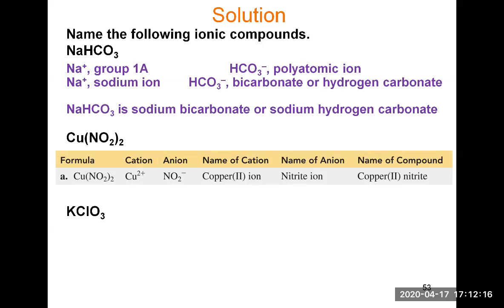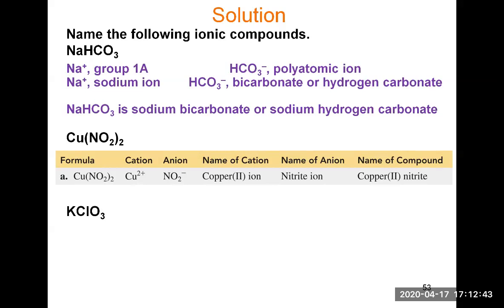And so the name will be copper(II). We need to say II in Roman numeral because copper is a transition metal. And here in this compound, it's 2+. So we need to say in the name copper(II). And then we add the name of the nitrite ion. And so the full name of the compound is copper(II) nitrite.